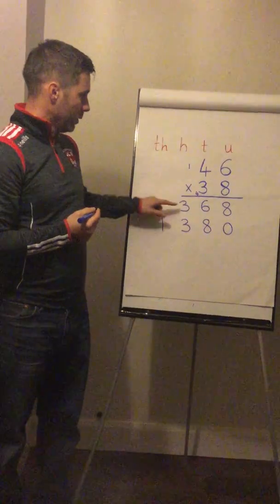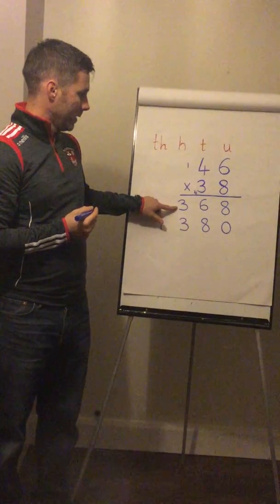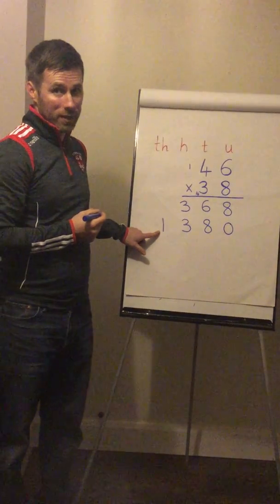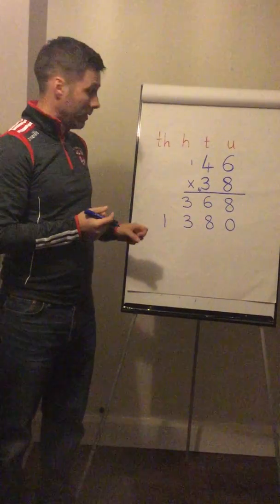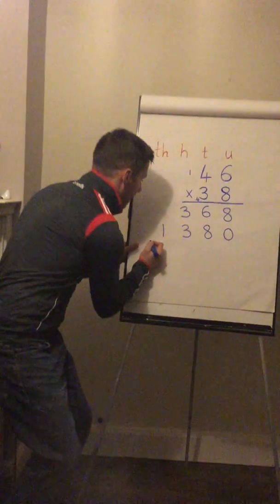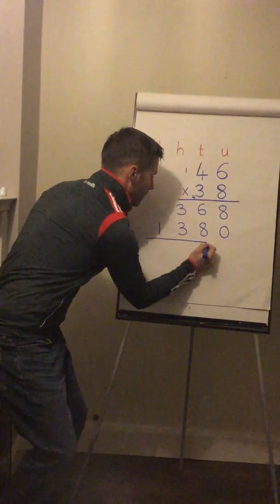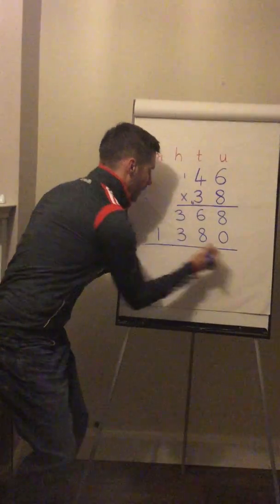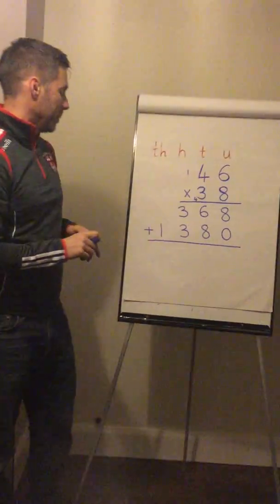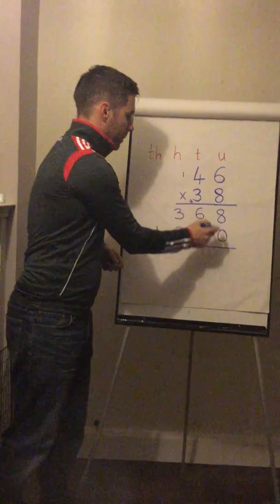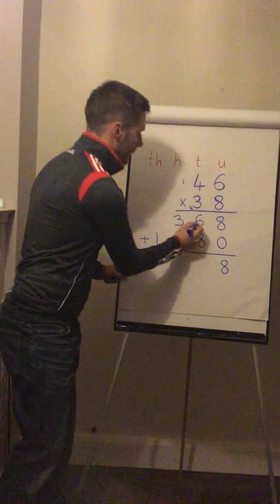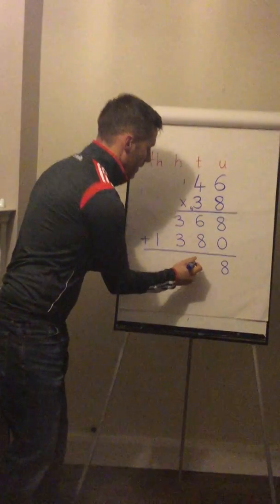So now I've got my total for 8 multiplied by 46, and I've got my total for 30 multiplied by 46. And to get my final answer, I can combine these two totals. To do that, I'll turn them into an addition sum. I draw my line across the bottom and put in my plus sign, and we'll add them together. 8 plus 0 gives me 8. 6 plus 8 gives me 14.